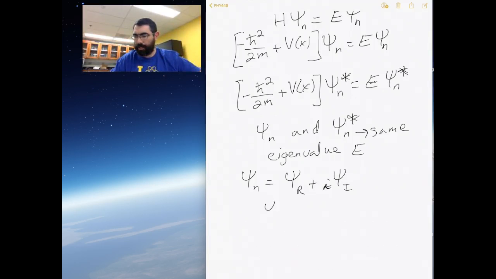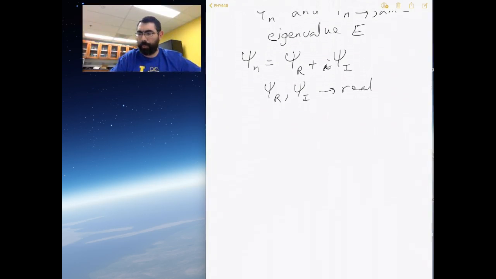So in the end, the functions by themselves are both real. Now, if I take the complex conjugate of my wave function, I get psi r minus i psi i.